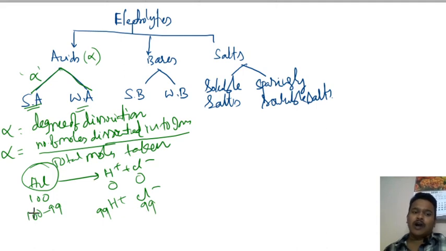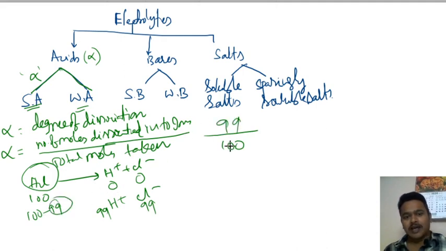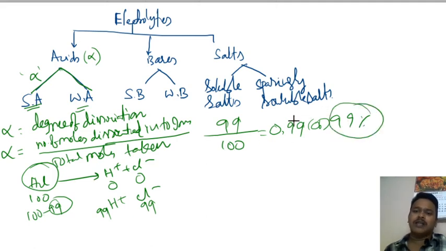Out of 100, 99 converting, so I can write 0.99, or 99 percent. This 0.99 or 99 percent is called the degree of dissociation.